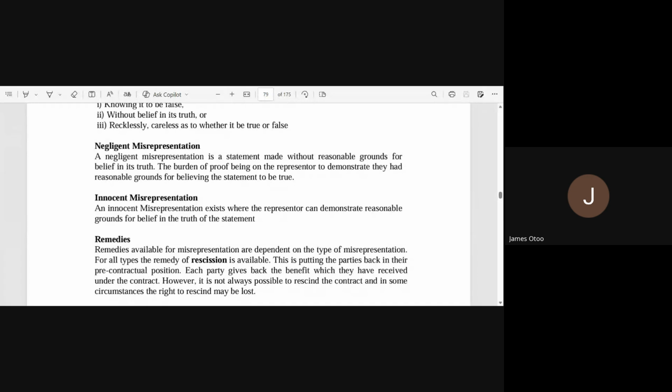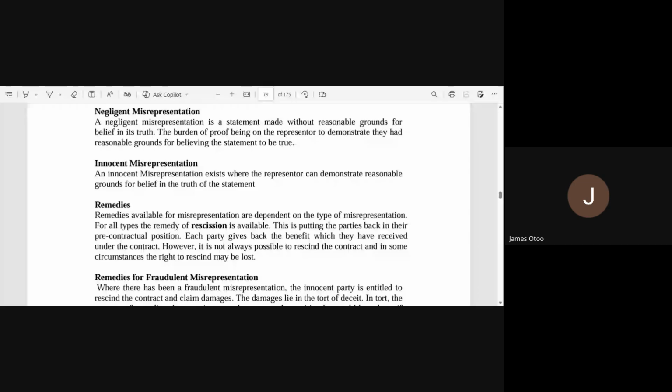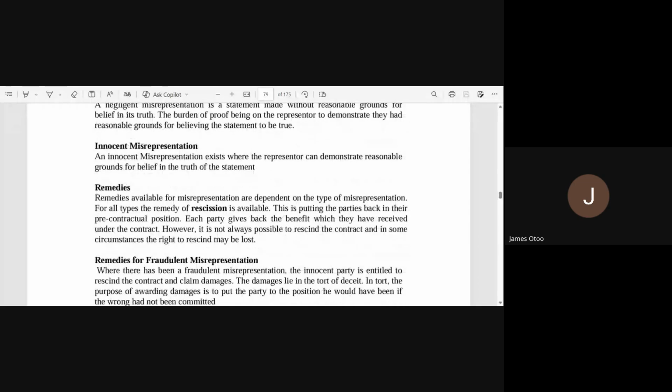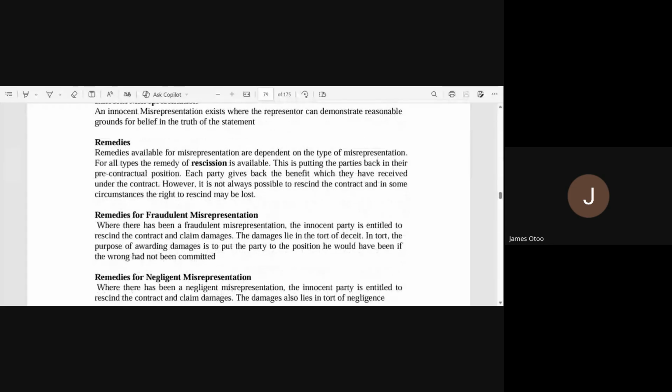There are remedies for misrepresentation. We have rescission, that is, to set aside the contract. So you can rescind the contract by putting the contract aside. When it is fraudulent, you can rescind and claim for damages.